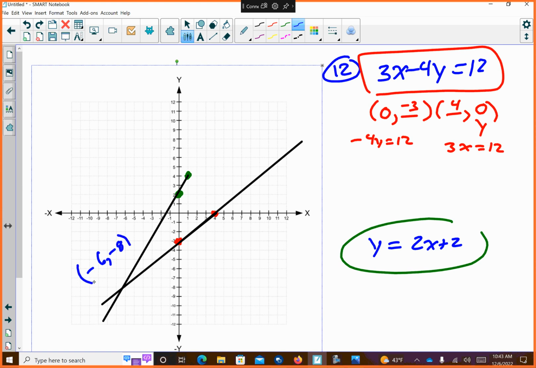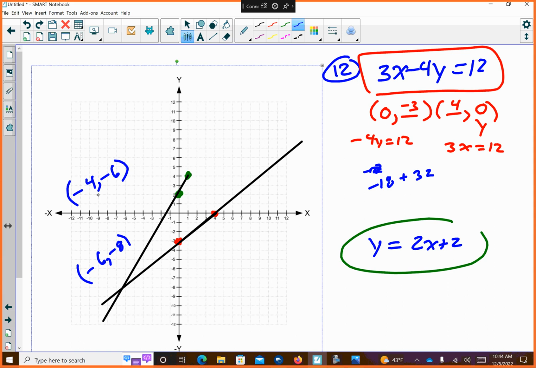Mine says -6, -9. That's -18. That's positive 32. I'm still off. Negative 4, comma negative 6.